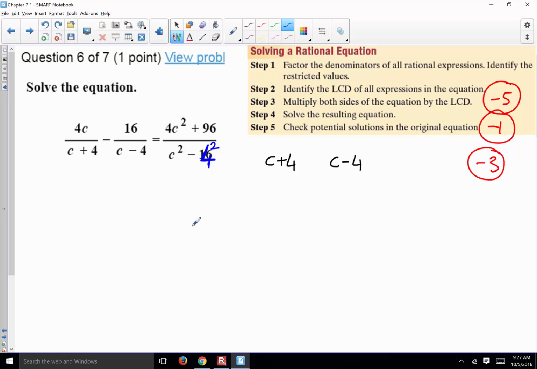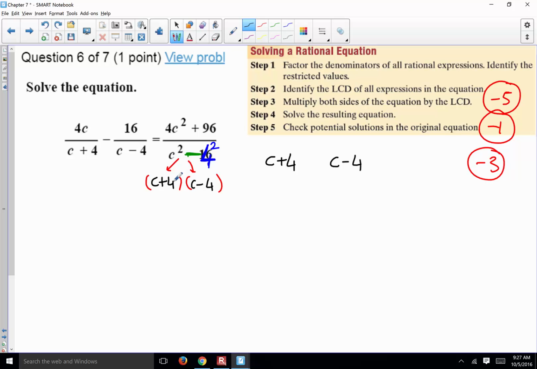In chapter 6, special factoring rules, if you have squares with a difference, this is called square difference. There was a formula for just that, right? What was it? This breaks up as, anyone? C plus 4, C minus 4.